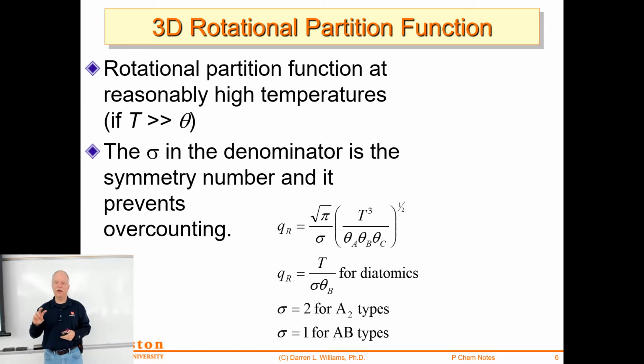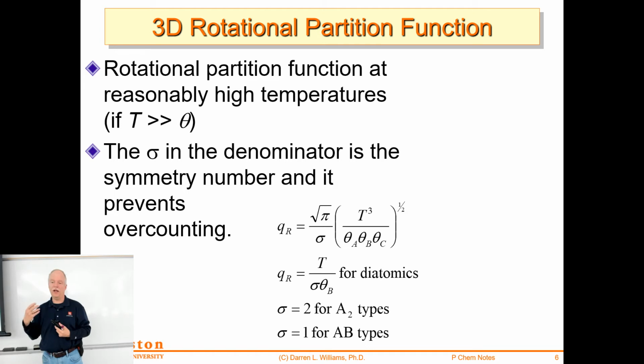And if the result is going to make that normalization constant too high, then we need to reduce it some way. Since this molecule is symmetric, you can't really tell the difference if you were to exchange the two atoms. There are two ways to build the molecule, another way to say that. And so we divide that denominator by 2. So that's the symmetry number. For symmetric molecules, we need to reduce that partition function. And so you can see that sigma in the partition function equation.